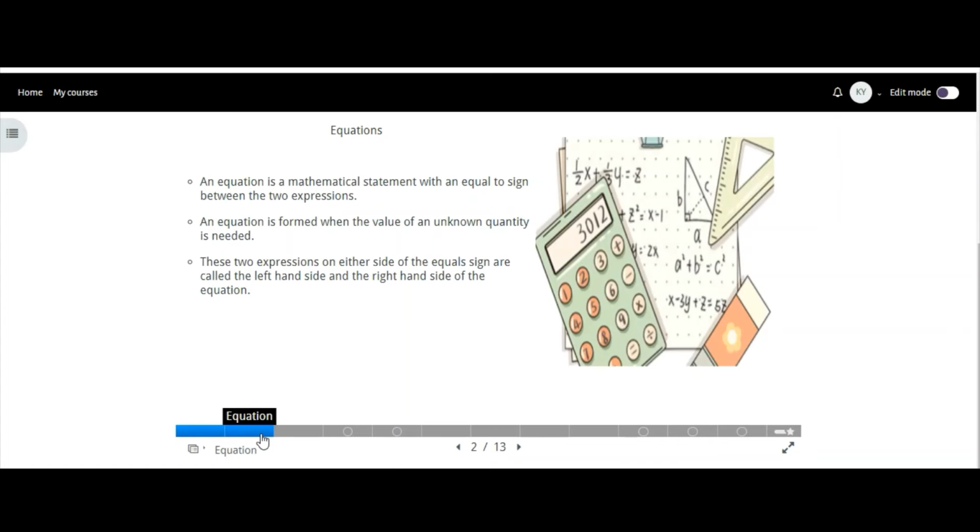So the equality sign denotes an equation problem.